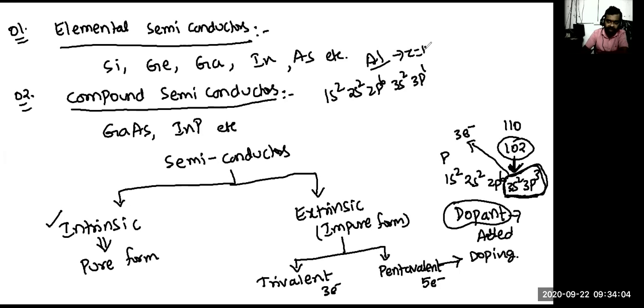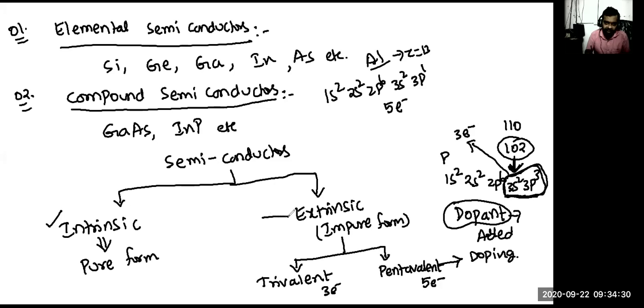Atomic number is 13. In the valence shell, I have 3 electrons. It requires another 5 electrons to attain the inert gas configuration. So by adding 5 electrons to the aluminum, aluminum will become an extrinsic semiconductor.